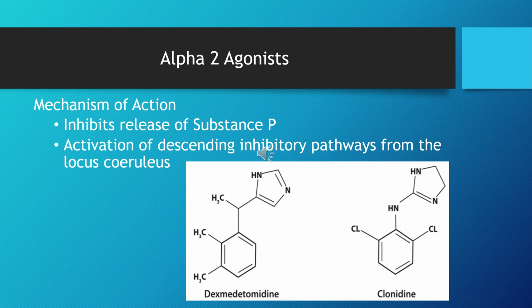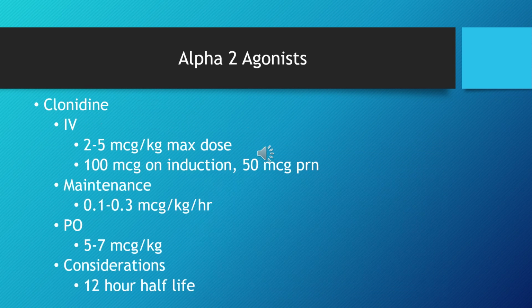Their mechanism of action involves inhibiting release of substance P and activating the descending inhibitory pathways from the locus coeruleus. Because clonidine is not as specific for the pain receptor subtypes, its analgesia is seemingly not as dense as that of dexmedetomidine.